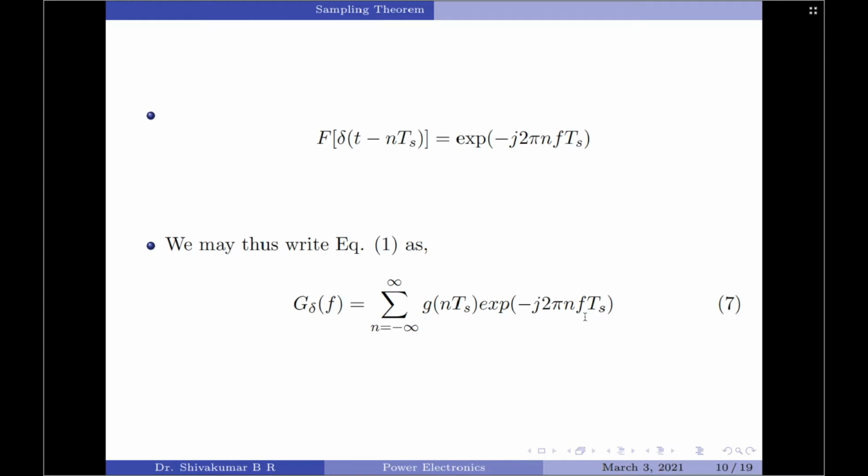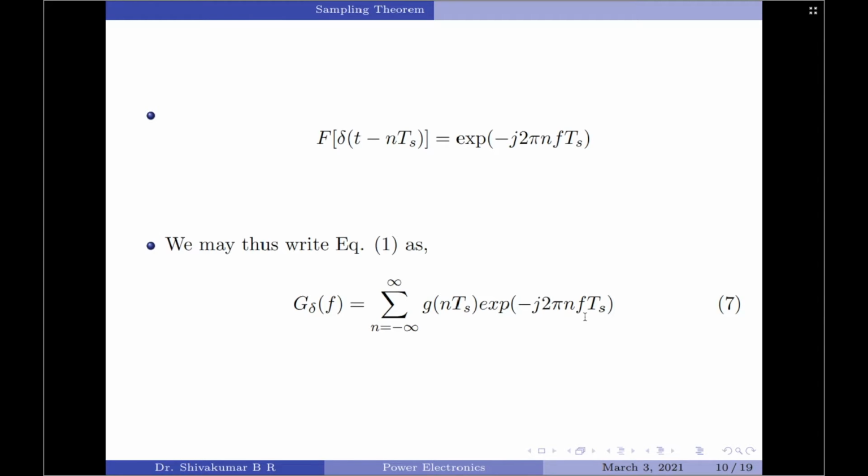Now, let us consider that the signal G of t, which is our input signal, is strictly band limited with no frequency components higher than W hertz, where W itself can be considered as the highest frequency component of G of t.